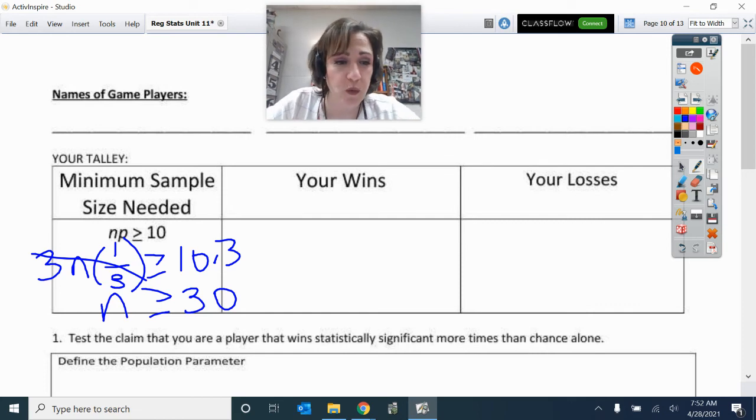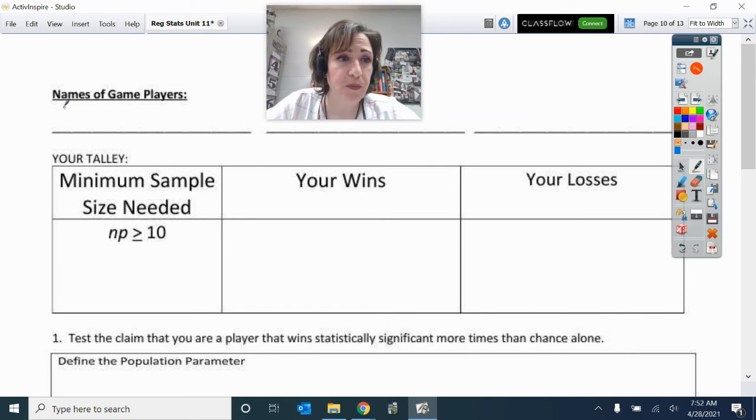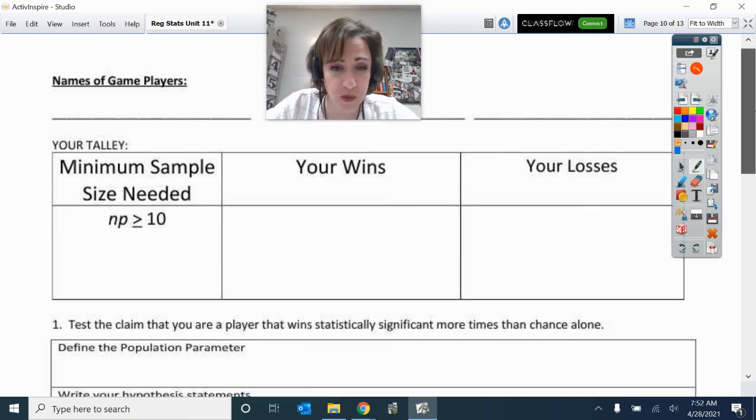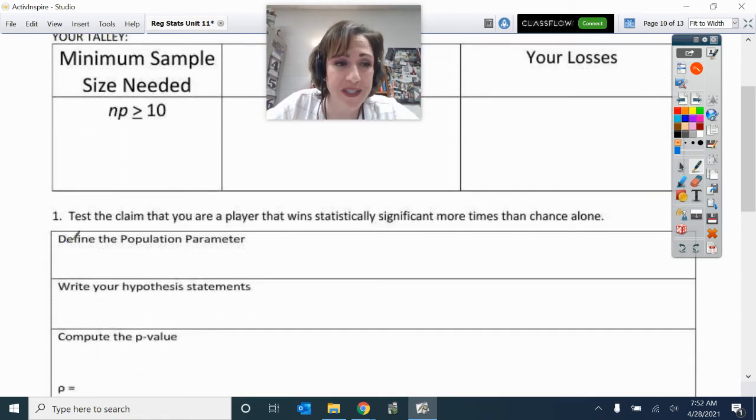Then you'll record your wins and your losses, and put the names of your players here. Eventually you are going to test the claim that you win a statistically significant more times than just chance alone or sampling variability.